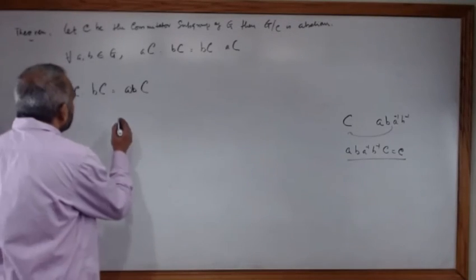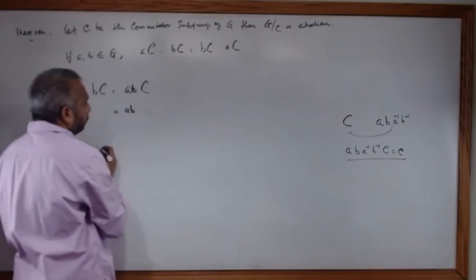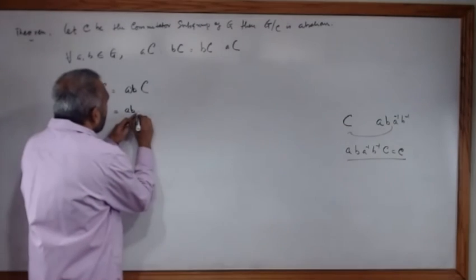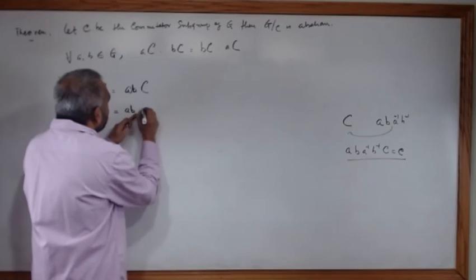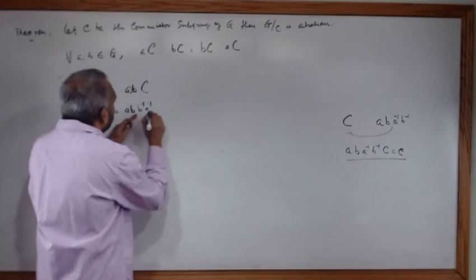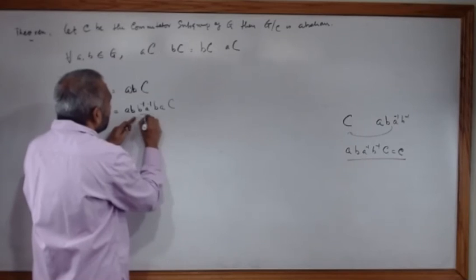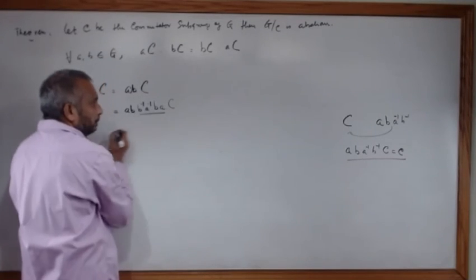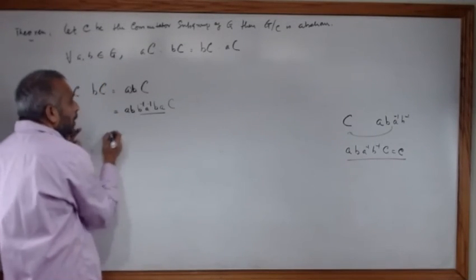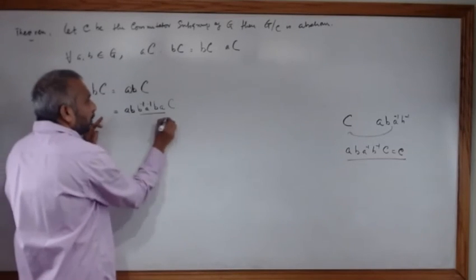So what we do is, this is equal to AB. We are going to multiply an element from C, that is B inverse, A inverse, B, A, C. This is actually an element of C. So ABC is equal to this.